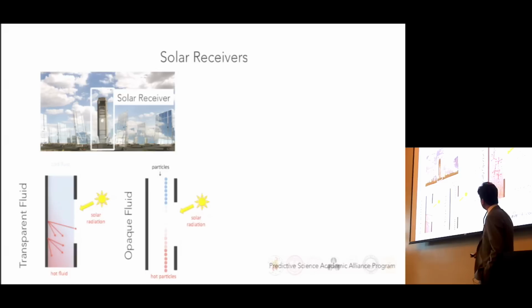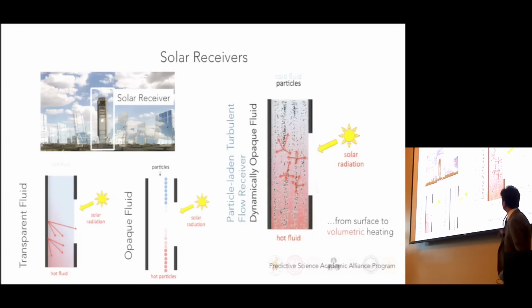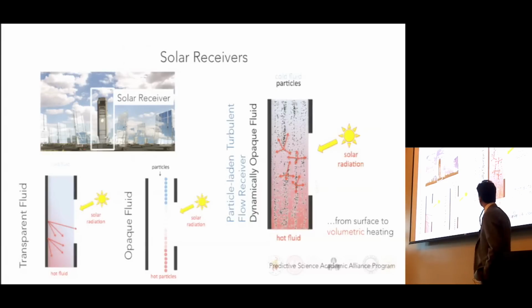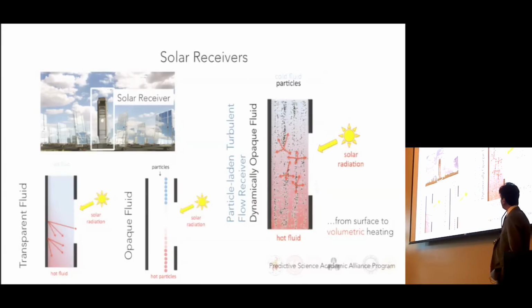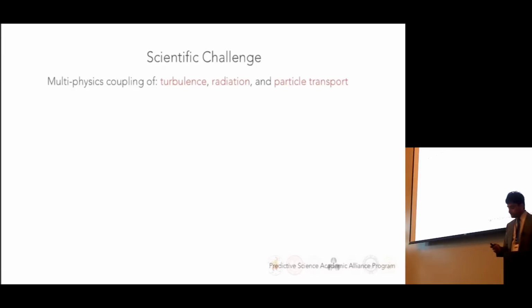Now, in our system, we are doing something different, where we have a turbulent flow laden with particles. The interaction of these two creates a non-uniform concentration of particles, and radiation then is absorbed locally where there are clusters of these particles. And so the idea is to go from surface-based heating and transfer of the radiation to volumetric heating. That's sort of the key principle. So our scientific challenge is really to model this coupling of turbulence, radiation, and particle transport.